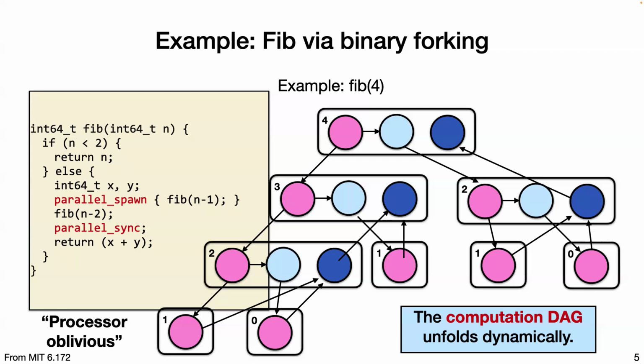Yeah, so the arrows are spawns and syncs, and the nodes in the DAG are instructions, and this is a dynamic thing that happens when you introduce these parallel constructs. It doesn't have to be defined up front, but it does define the dependencies in the program.